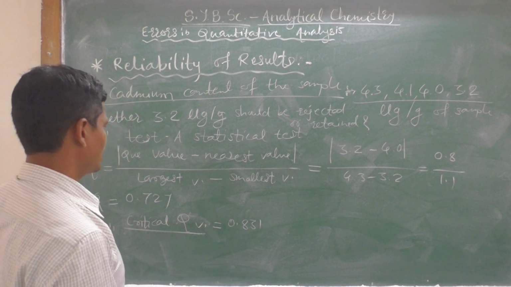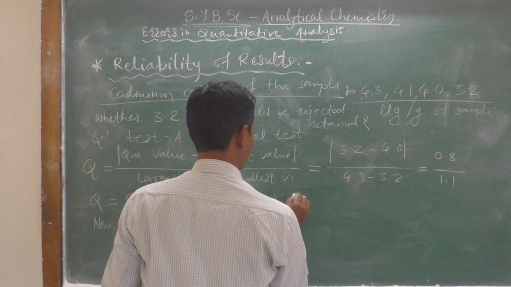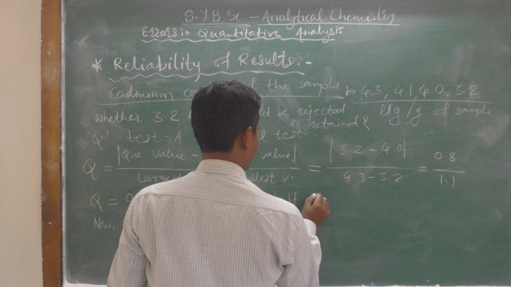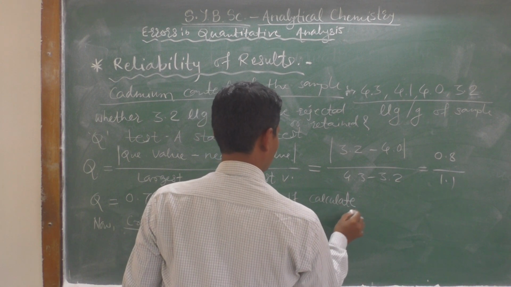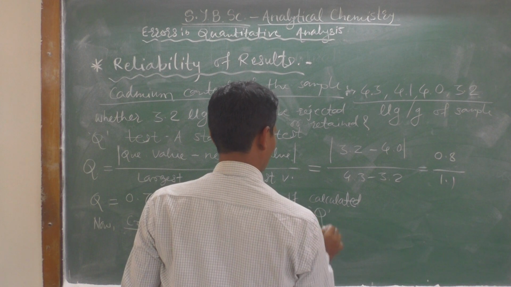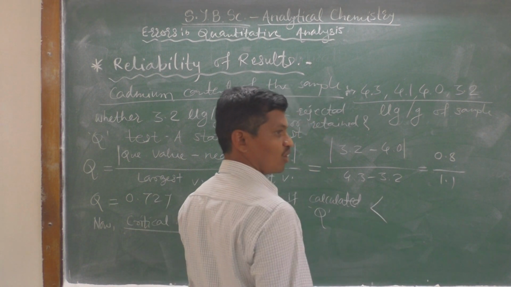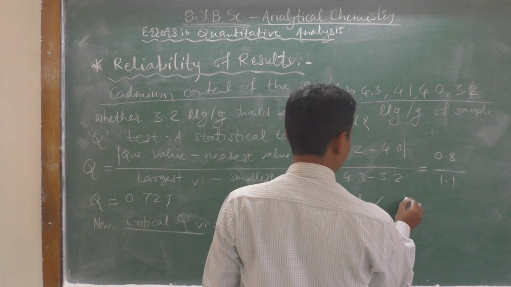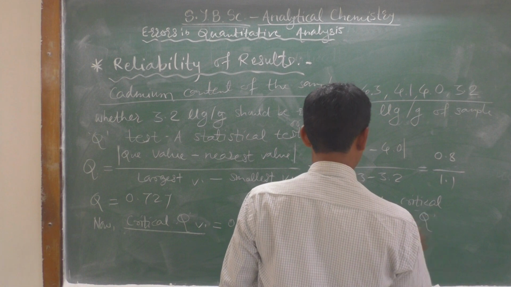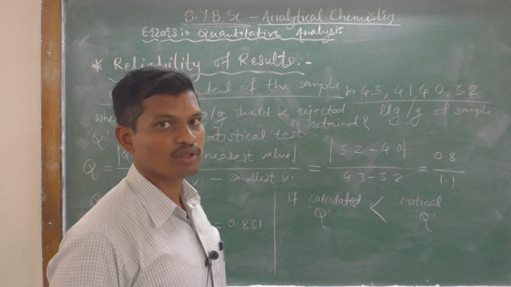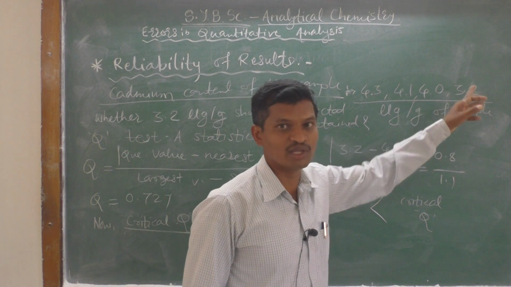Now what does the rule tell us? The rule tells us that if the calculated Q value is greater than, or exceeds, the critical Q value, then we should reject this questionable value 3.2.